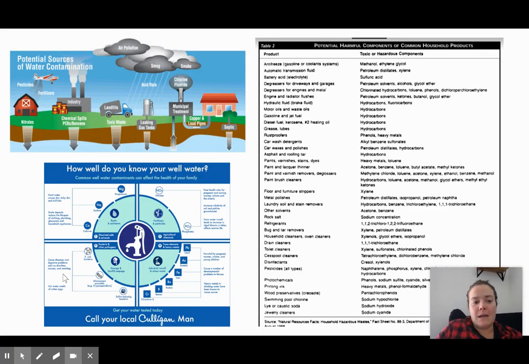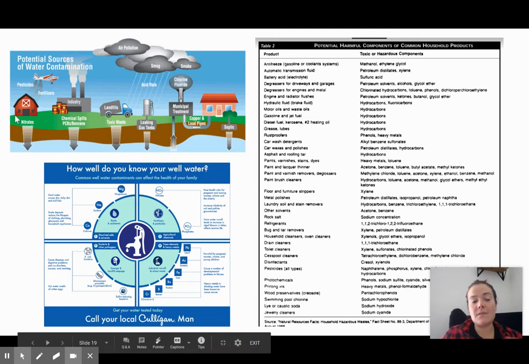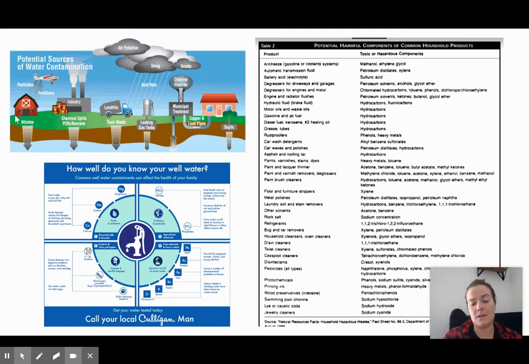So some other contaminants could be specifically on farms. There's different pesticides, so chemicals that are used to kill insects, and different fertilizers. Those are chemicals that are used to help plants grow. Those can find their way into our water. In industry, there's all kinds of stuff because anywhere that anything's being produced, they're probably using some sort of chemicals.